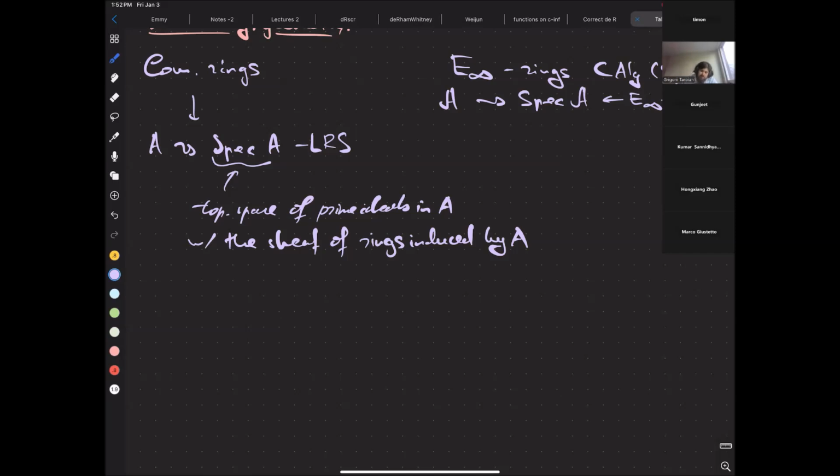As I said before, basically the procedure is the same.